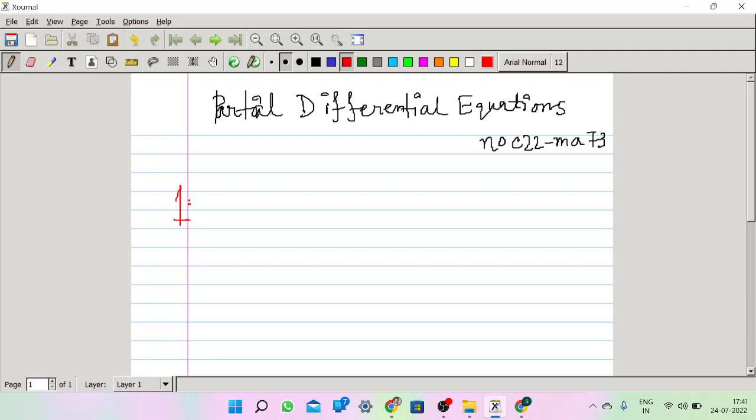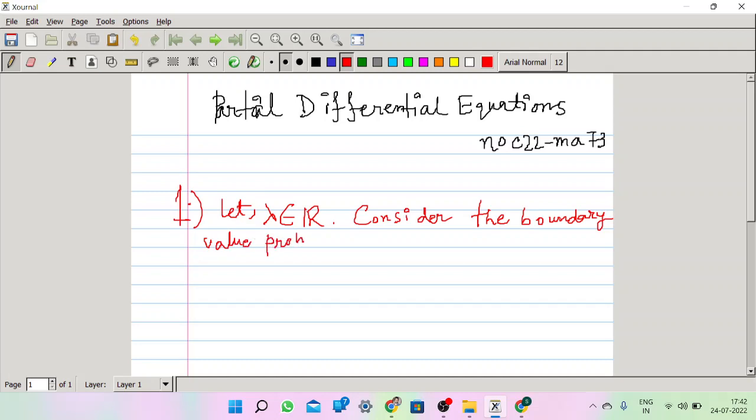The first problem is, let lambda be a real number, and consider the boundary value problem d2y dx2 minus lambda y is equal to 0 with the boundary conditions that y at 0 is 0 and y at pi is also equal to 0.